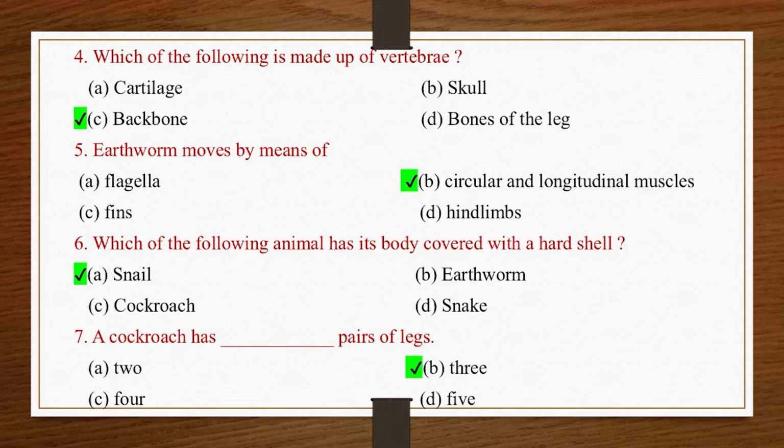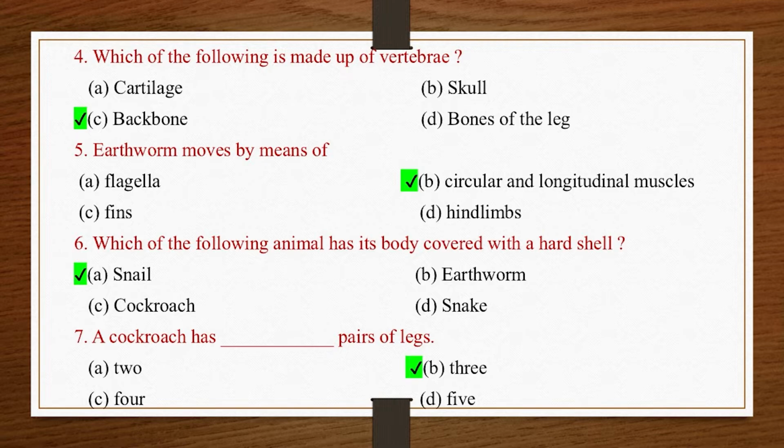5. Earthworm moves by means of A. Flagella, B. Circular and longitudinal muscles, C. Fins, D. Hindlimbs. 6. Which of the following animals has its body covered with a hard shell? A. Snail, B. Earthworm, C. Cockroach, D. Snake. 7.